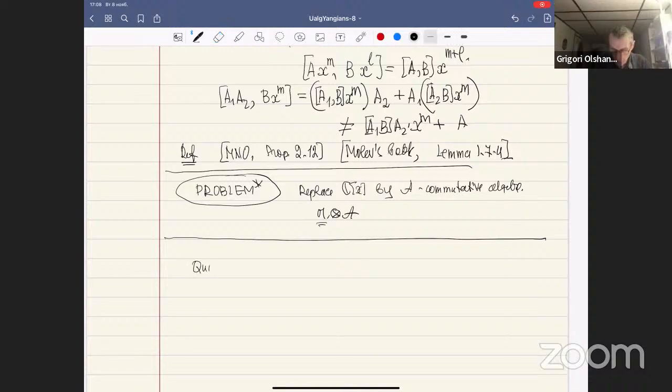I recall the definition of a quantum determinant.